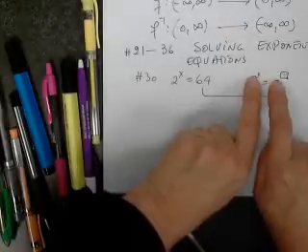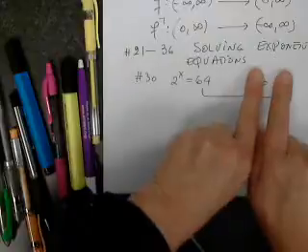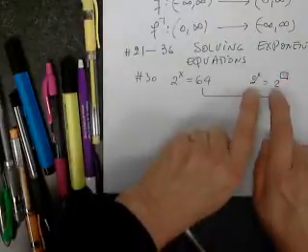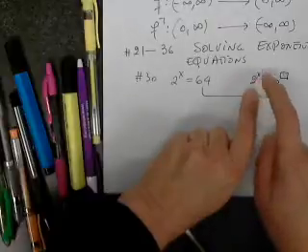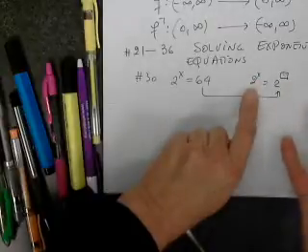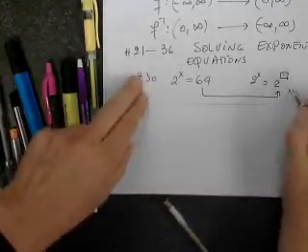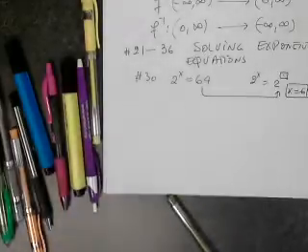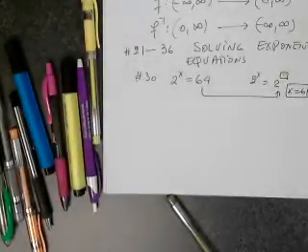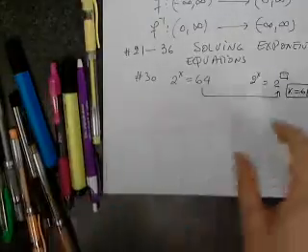What has to happen to the exponents for them to be equal to each other? They must be the same. Because if this is 7, 2 to the 7th will never equal 2 to the 6th, right? So the exponents have to be the same. So this is it. X must be 6 for 2 to the x to be 64. There is no other way.